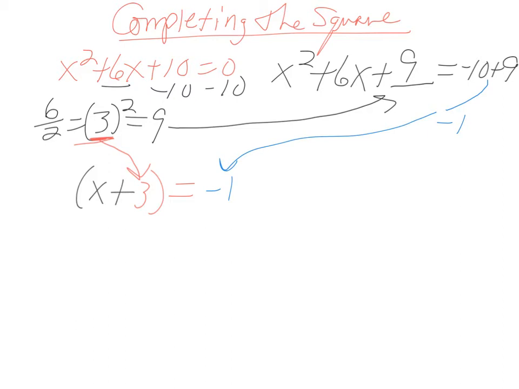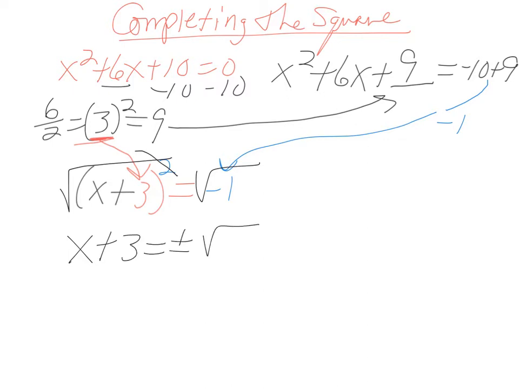Alright, so now we have to solve for x. And, oops, don't forget that's squared up there. So we have to get rid of that square. So I'm going to take the square root of both sides. Those cancel each other out. So I have x plus 3 equals plus or minus square root of negative 1.